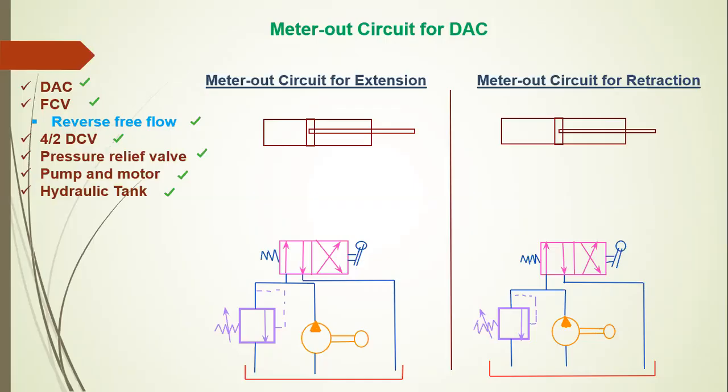Then after, the direction control valve is connected to the DAC, the double acting cylinder. So we connect here the DAC to the DCV.